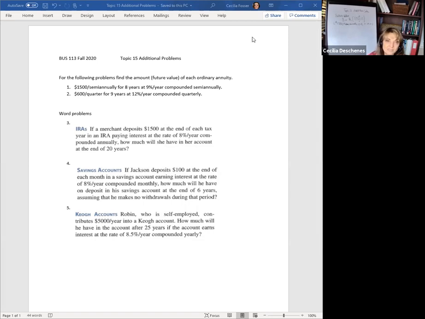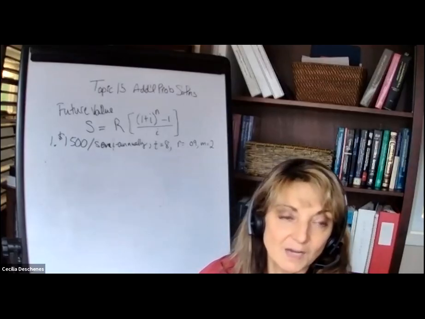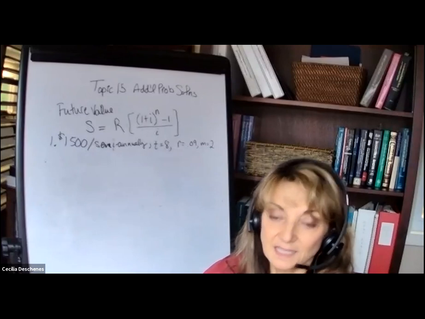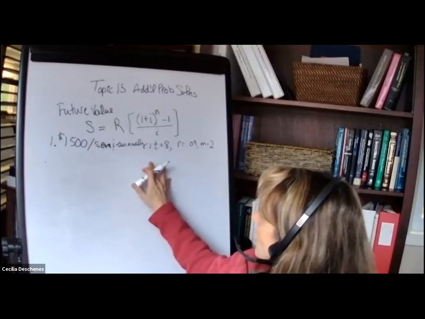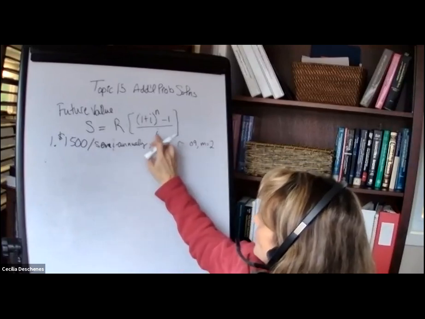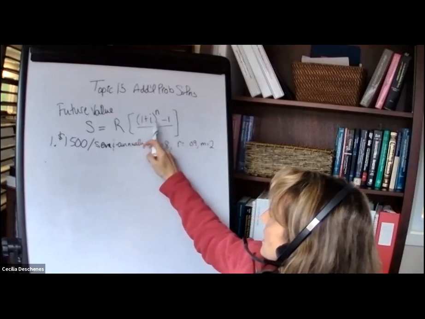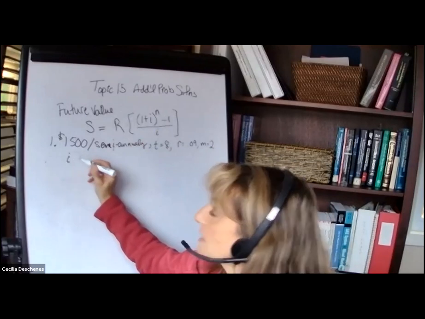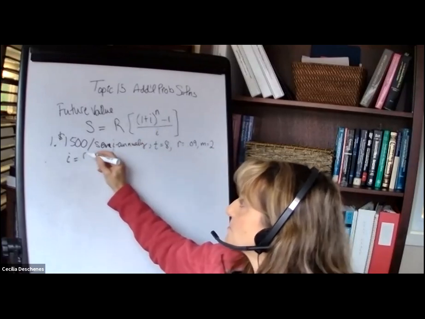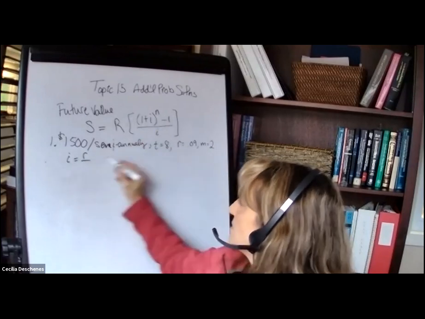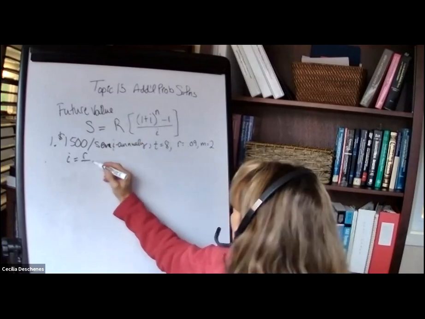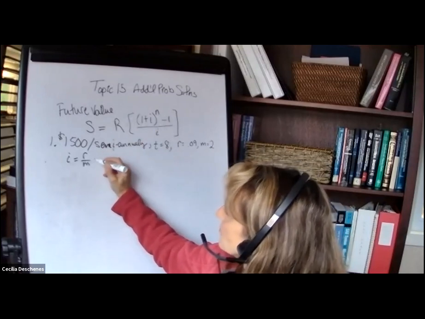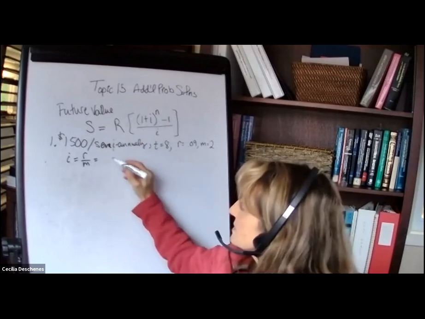Now let me make this whiteboard big so we can see it. Let's figure out how much we have. In this formula, we see that we need an i and an n. We're not given i's and n's. This i and n hasn't changed. It's the same as it was before. It's the nominal or annual rate divided by the number of conversion periods in a year.